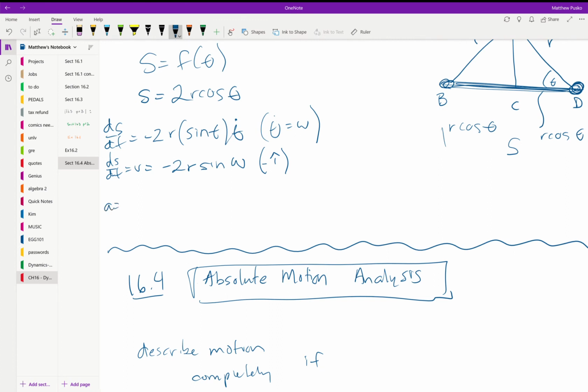The acceleration would be equal to the second derivative, or the first derivative of velocity, which we have now. And product rule and chain rule will give you a negative 2r times the derivative of omega with respect to time, which is alpha, times the sine of theta, minus 2r omega times the cosine of theta, and then chain rule multiplied by the time derivative on that term too. And this one is omega.